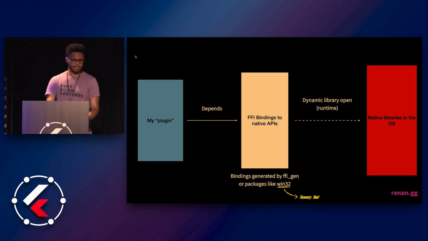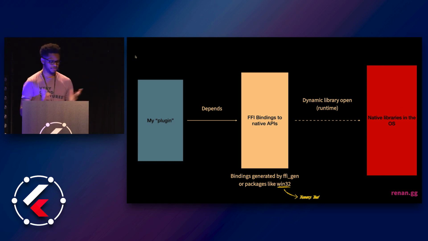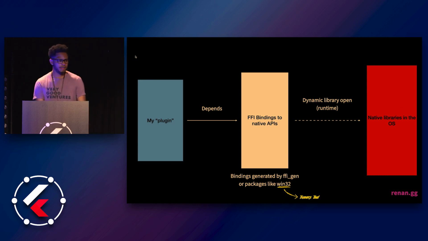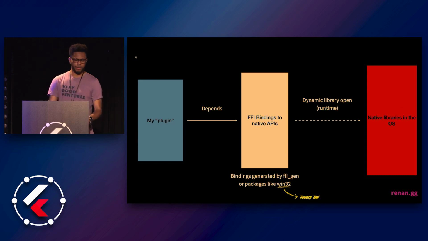So there is the plugin part, where you write the functionality that we want to write. So it's always related to the feature of our package. And then we have what we call bindings to the native API.